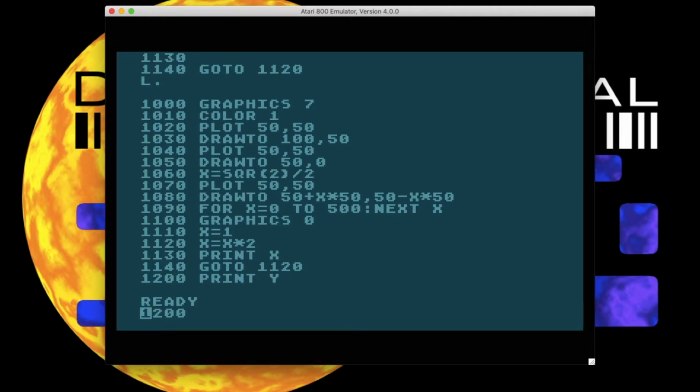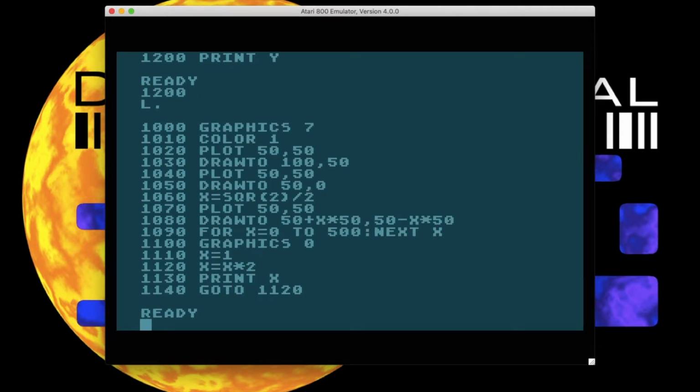All right. We need some time to look at it. So we need a for loop that'll just wait. So after the print, it'll wait a bit. 1135 for y equals 0 to 500.